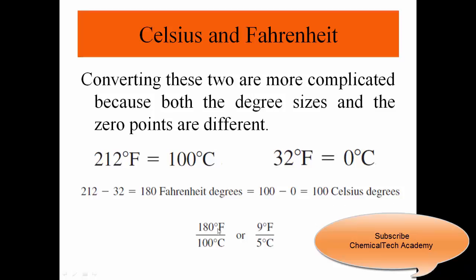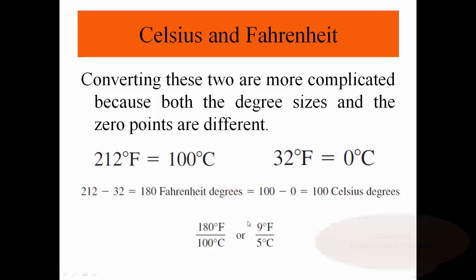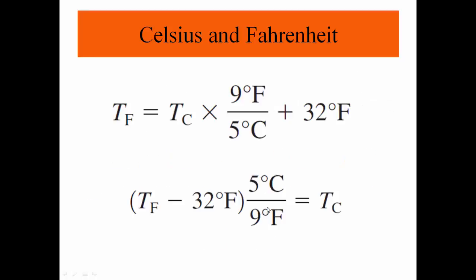So 180 degrees Fahrenheit divided by 100 degrees Celsius is equivalent to 9 degrees Fahrenheit over 5 degrees Celsius. We use this as the ratio to convert one degree size to another, from Celsius to Fahrenheit or from Fahrenheit to Celsius. And this is the equation to convert temperature in Celsius to Fahrenheit.